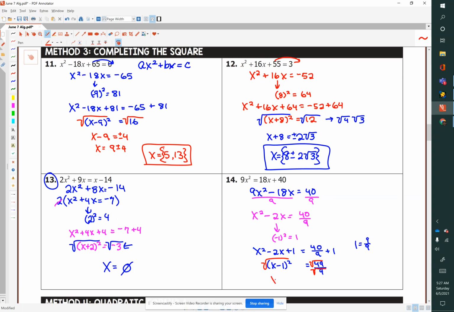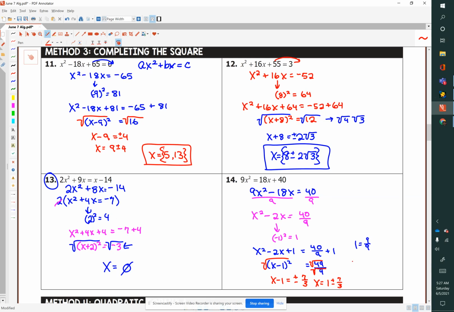So now we have x minus 1 equals plus or minus 7/3. And when we isolate x and move 1 to the right side, we have x equals 1 plus or minus 7/3.